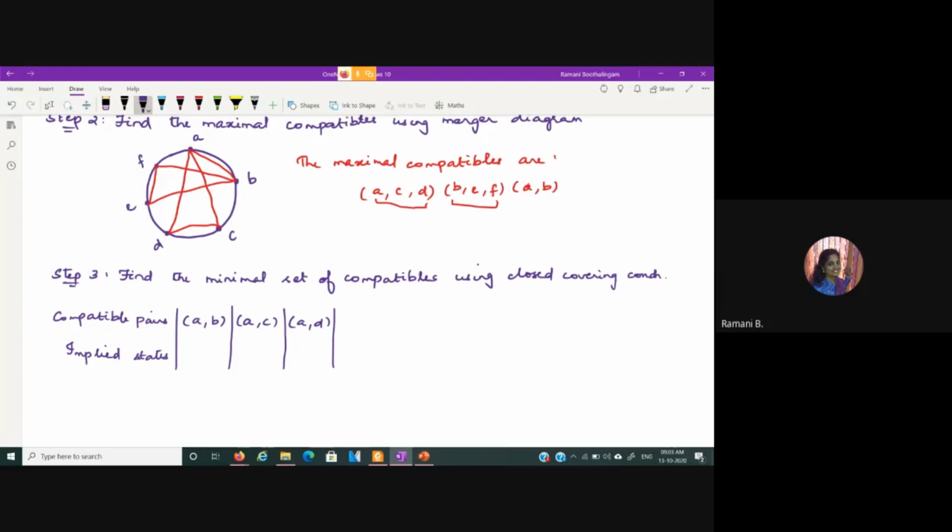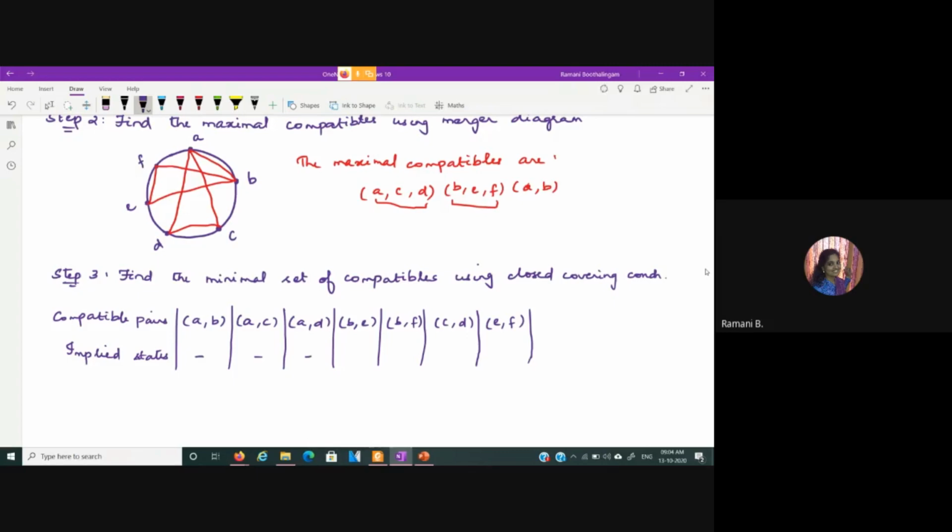Then B comma E, B comma F, then C comma D, and E comma F. Right? These were our compatible pairs, and all these did not have any implied states.